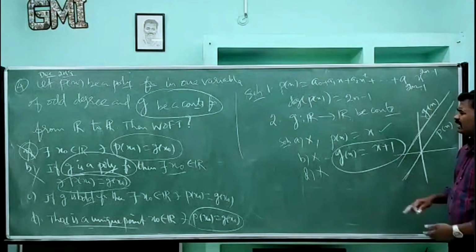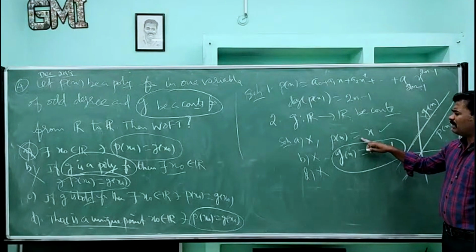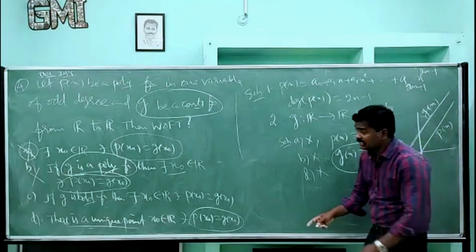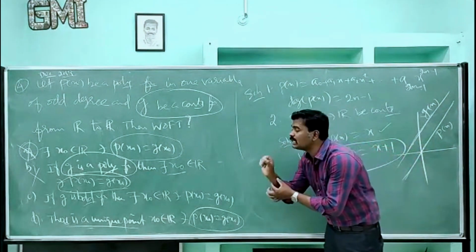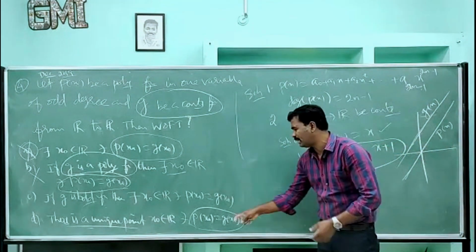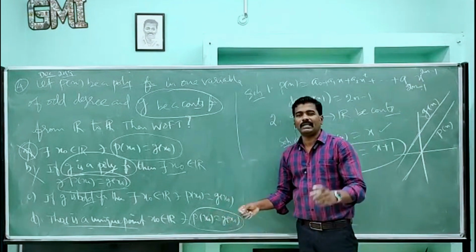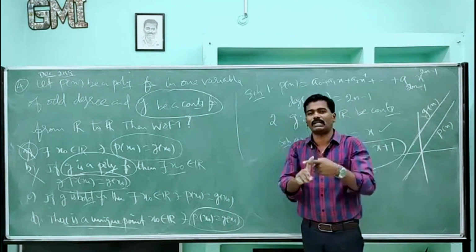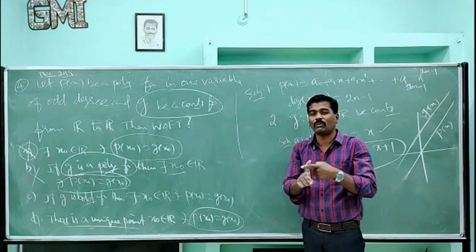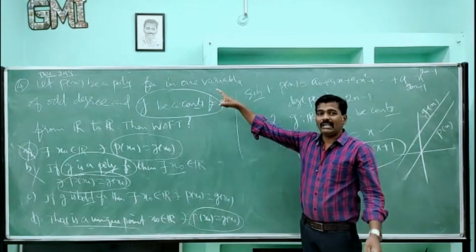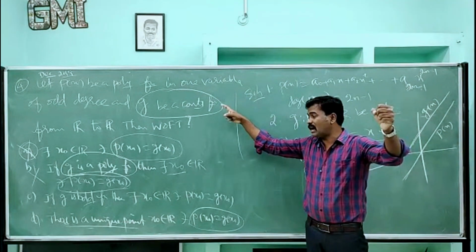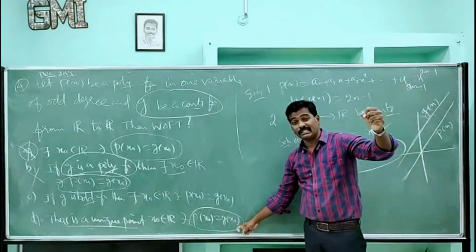P of x is an odd degree polynomial and G is just a continuous function. But option D says that always they have a unique point, which means P of x and G of x intersect exactly one time. Whenever you have any odd degree polynomial and any continuous function, it always has this property, they say.